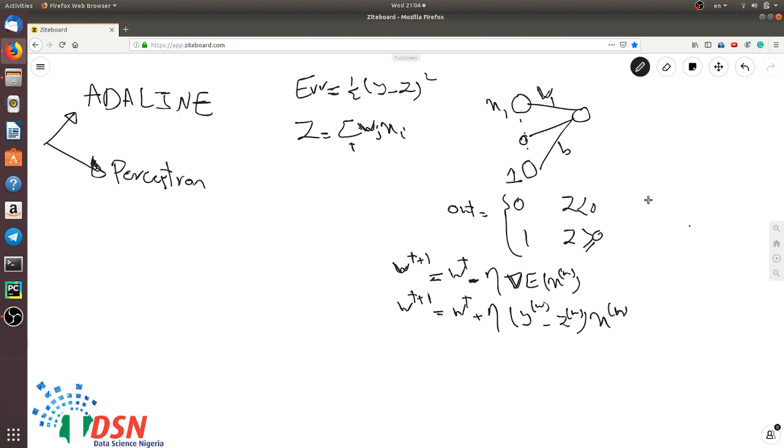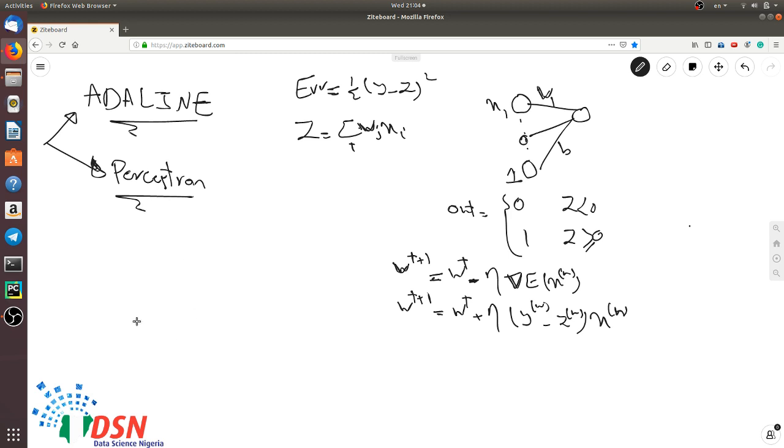Just note that these are just one-layer neural networks. Okay, so this is the Adaline algorithm to train and adjust the weights. The second thing is perceptron.